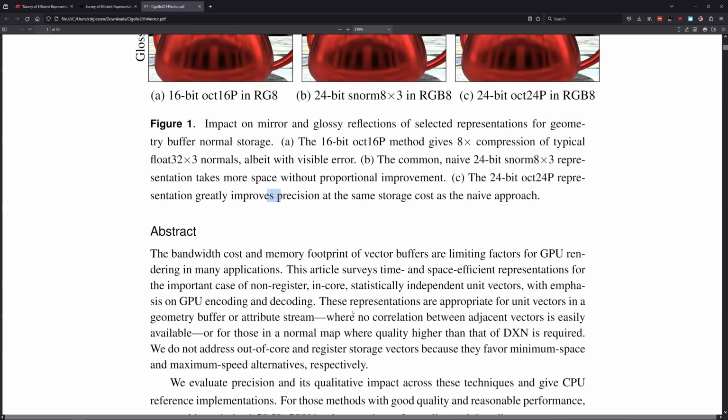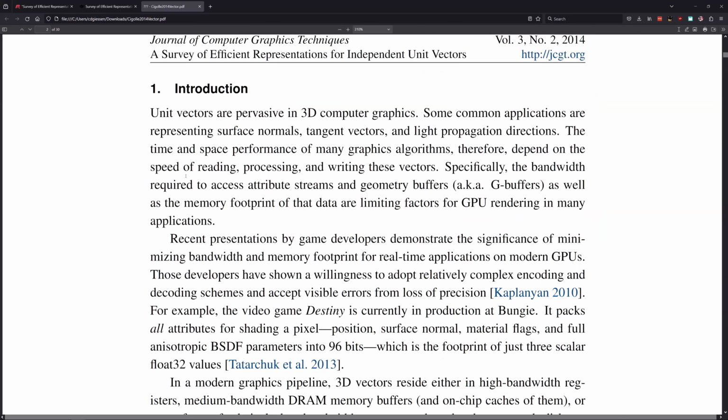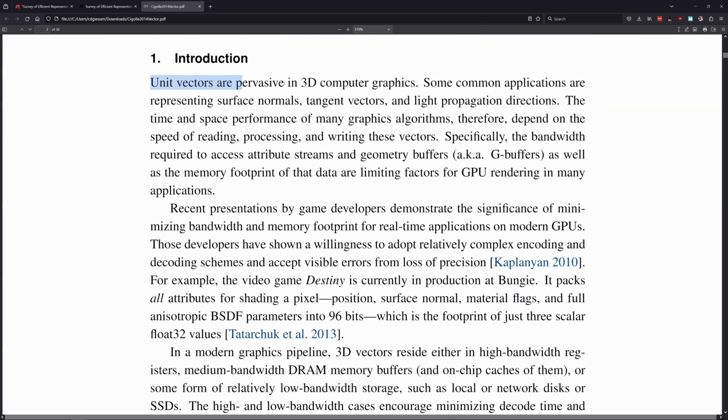Okay, let's go into the article. Unit vectors everywhere. Yeah, bandwidth for stuff like a G buffer, but many other reasons to be concerned about bandwidth beyond just the G buffer today.